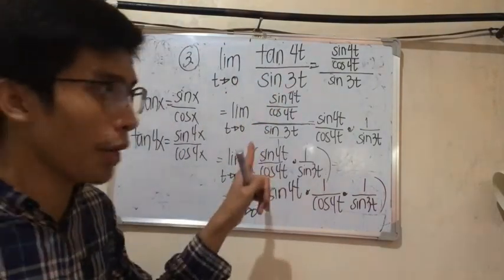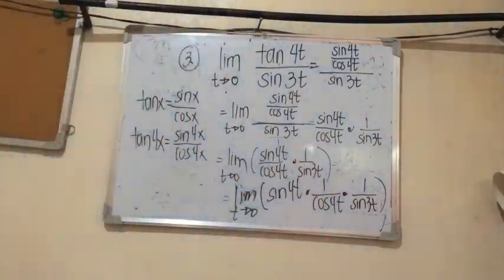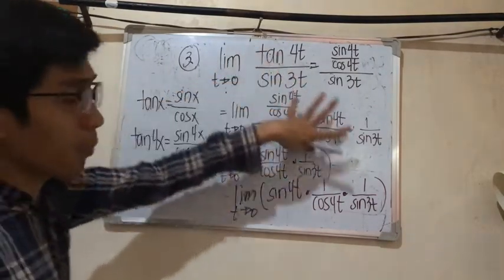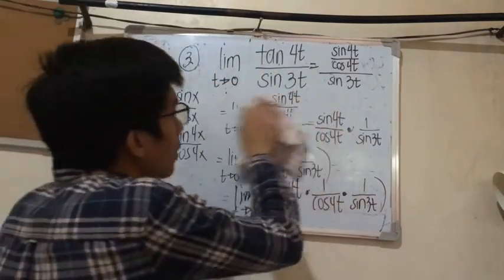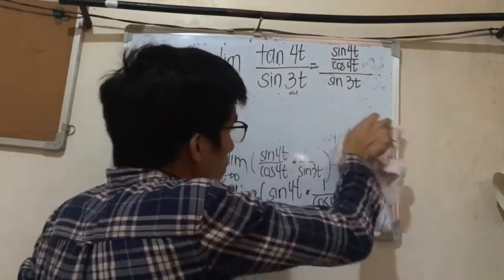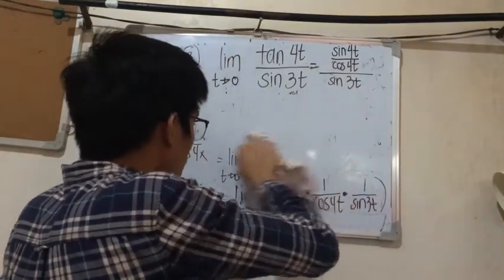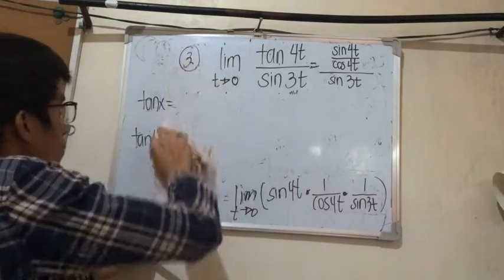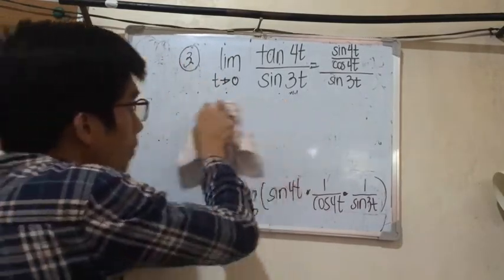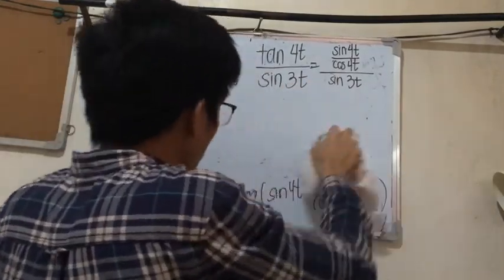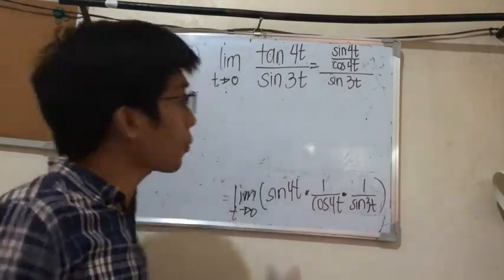I'll erase this part now. Where's my eraser? Wait. I'll erase this part for you. Okay, so we have this new form now.